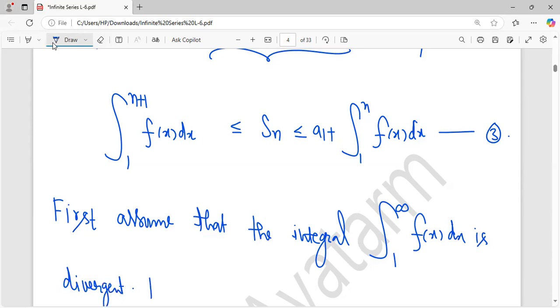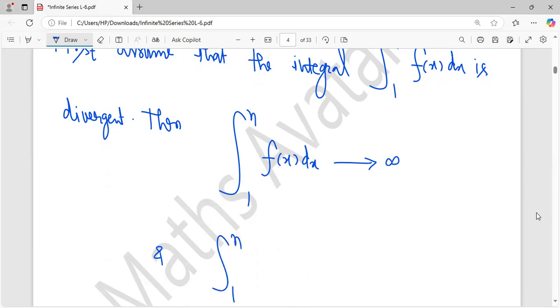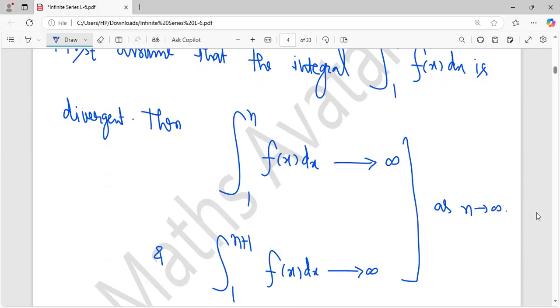Then what will happen? Then the integral from 1 to n of f(x) dx tends to infinity, and the integral from 1 to n+1 of f(x) dx also tends to infinity as n tends to infinity.